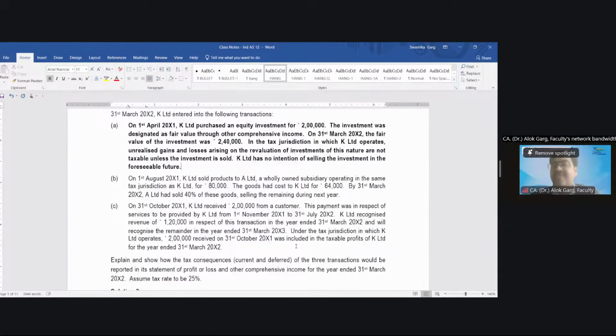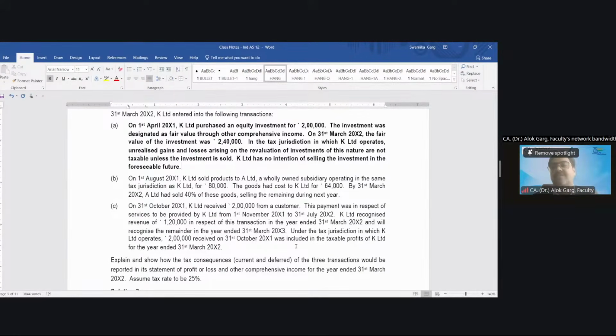I am talking about tax. The tax related to an OCI item has to go to OCI. Where is it written? It is written in Ind AS 1.